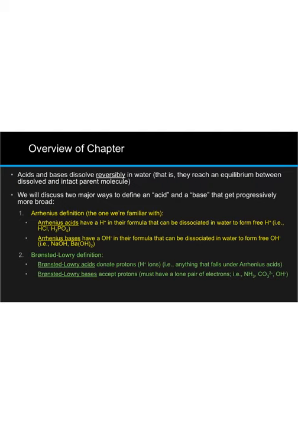For instance, in ammonia, NH3, we've got a lone pair of electrons on the central nitrogen. That lone pair of electrons is attractive to an H+ cation. In carbonate, CO3 2-, we've got lone pairs of electrons on peripheral oxygen atoms.